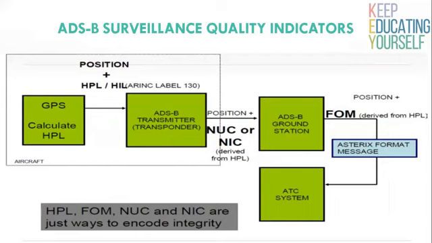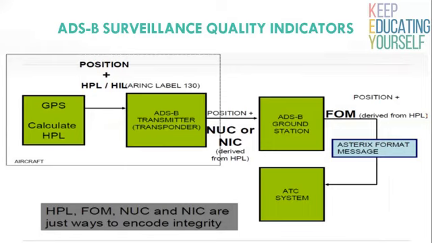Thus, GPS will calculate the horizontal protection limit level, the integrity of the horizontal position from the GPS system. This will be broadcast by the aircraft transponder or ADS-B transmitter. Now, the output of the transmitter consists of position plus NUC or NIC.